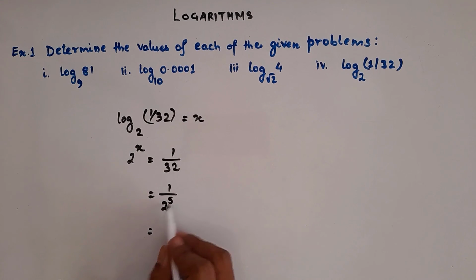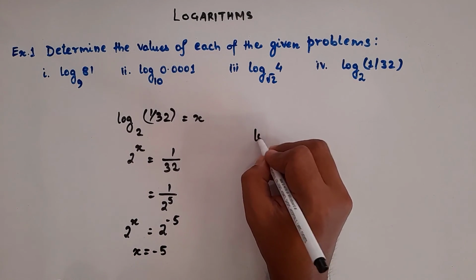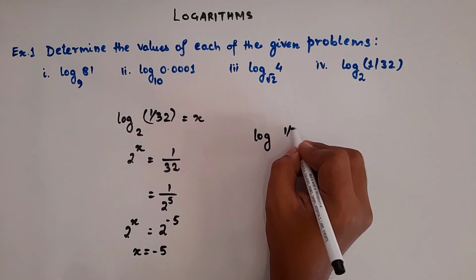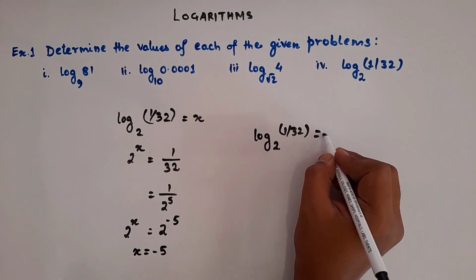Now we'll take the denominator to the numerator, so the exponent will change sign, so positive 5 will become negative 5. So we have 2 raised to the power of x on the left hand side, and that is equal to 2 raised to the power of negative 5. So we have x equals negative 5. So that means the logarithm of 1 over 32 to the base of 2 is negative 5.